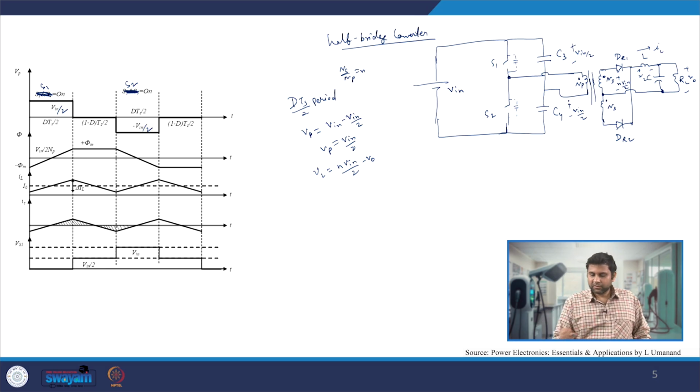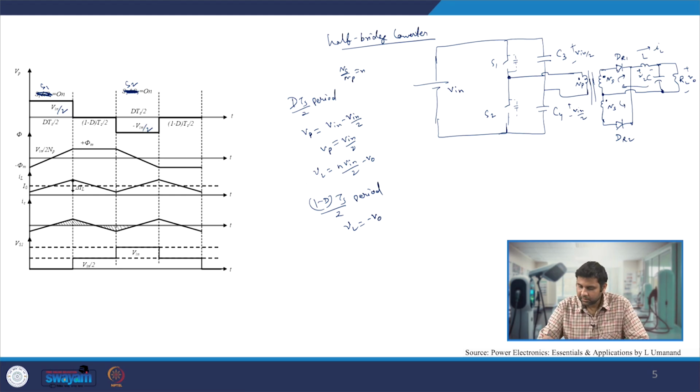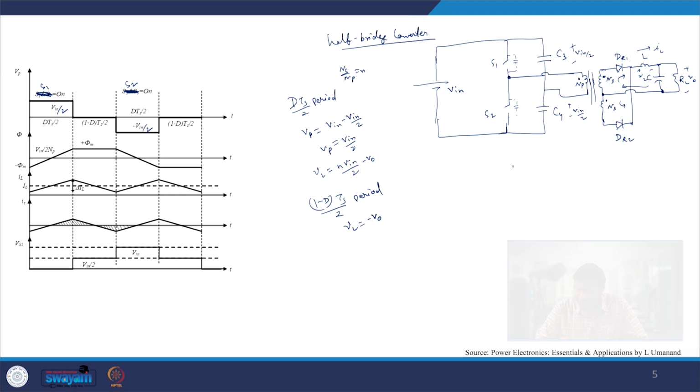As a result, the voltage applied across this is 0, and since the voltage is 0, on the other side we have the current IL going in, this goes down on this side and this side. That's when, in the 1 minus d Ts by 2 period, the voltage applied VL is nothing but minus V naught, same as what we have seen in the full bridge case, we are applying minus V naught.